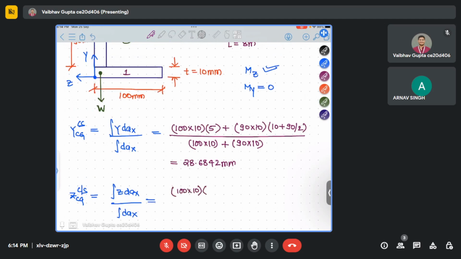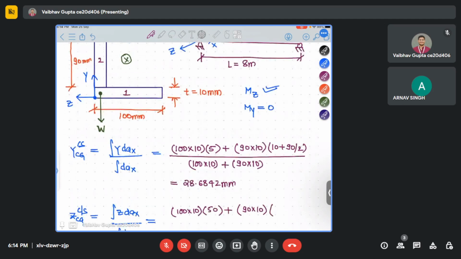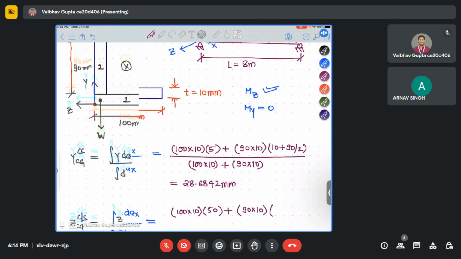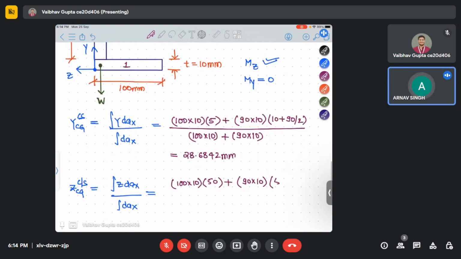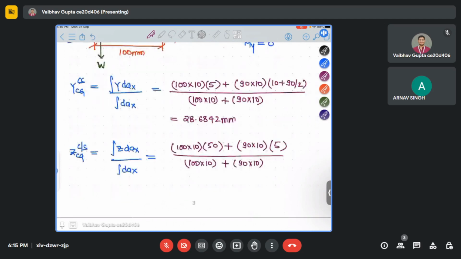What is the CG of element 1 in the Z direction? 100 by 2, 50, plus area of element 2, 90 into 10, and CG of element 2 in the Z direction is t by 2, 10 by 2, 5. Divided by the total area of element 1 and element 2. If you solve this also, you will get the same answer, 28.6842.